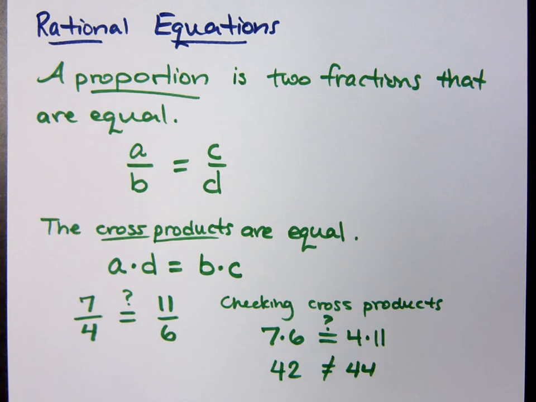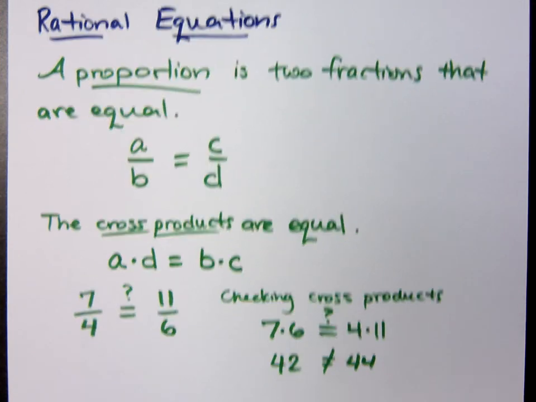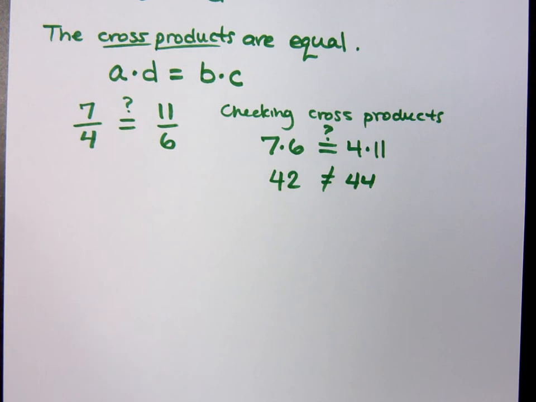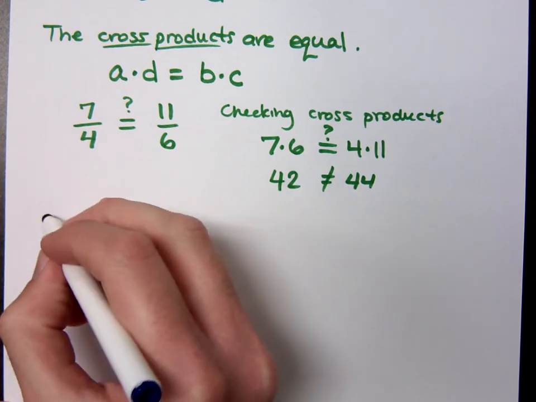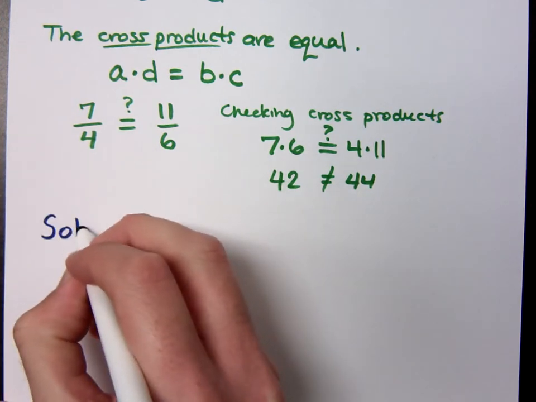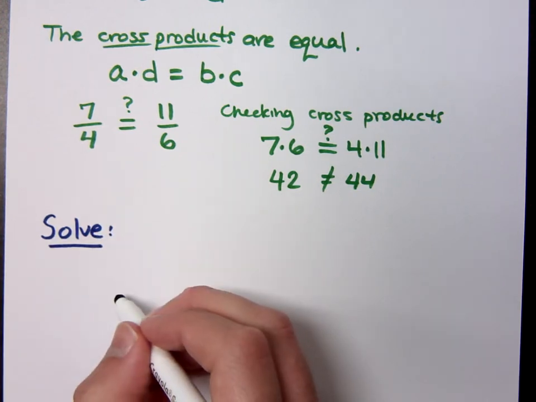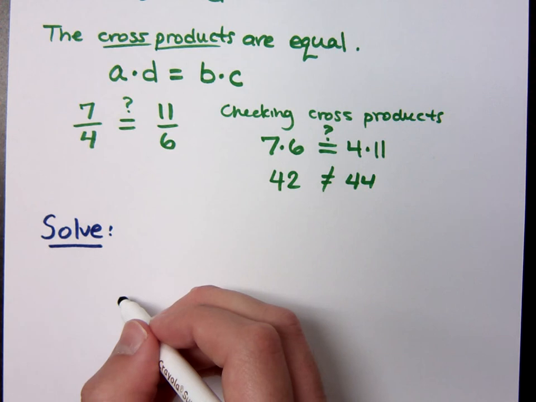Now, here's the great thing. When we're working with equations and we're solving equations, we start with the assumption that what we have is true. So when I ask you to solve an equation, we assume that the equal sign is already true, unless we come across a contradiction somewhere at the end. Okay.